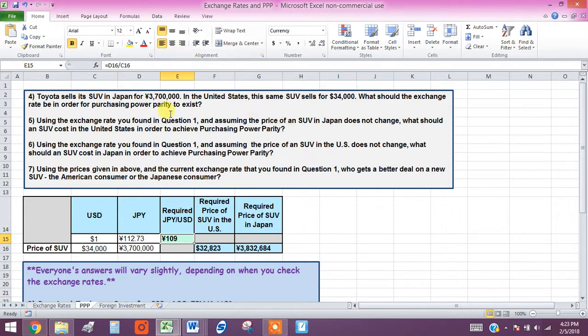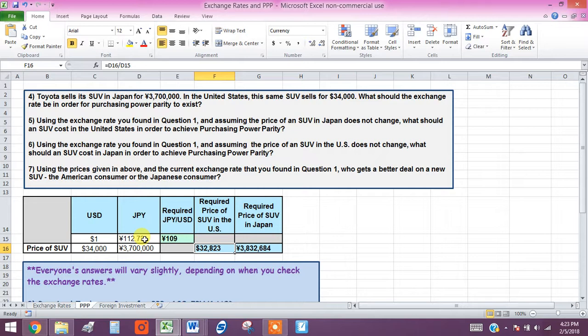Okay, so right here, the formula we want to put is we want to multiply, or divide again, we want to divide the price of the Japanese car by the exchange rate that we actually currently have.